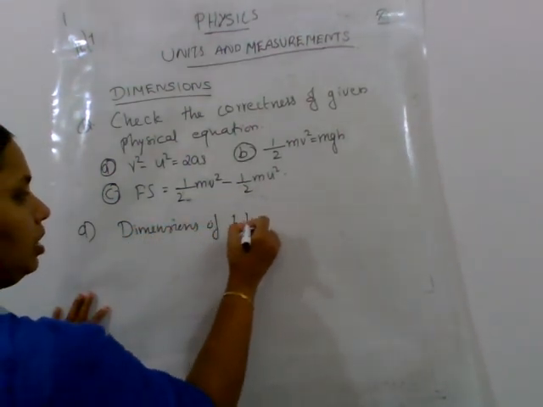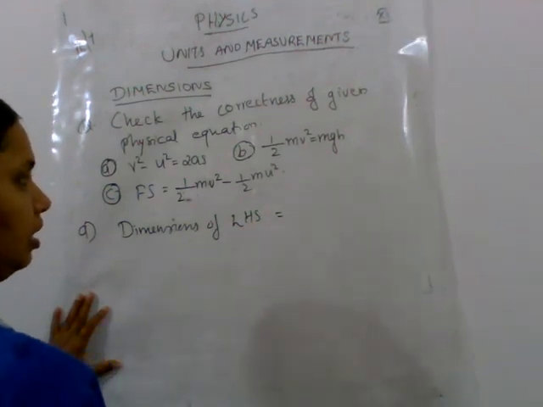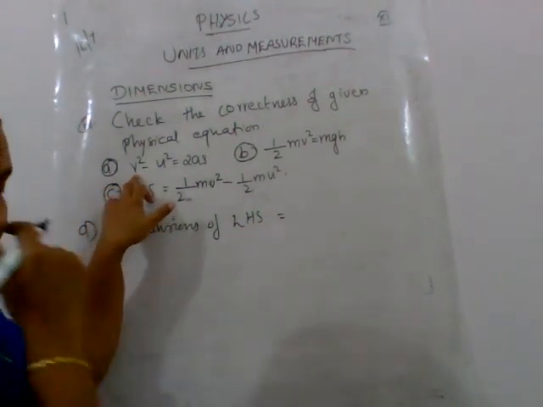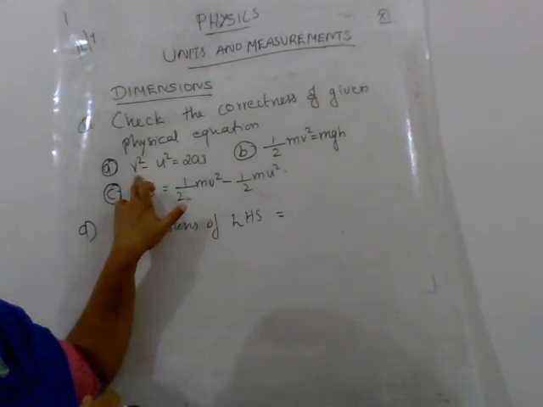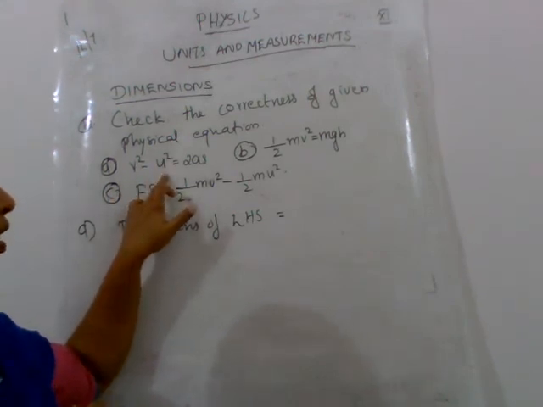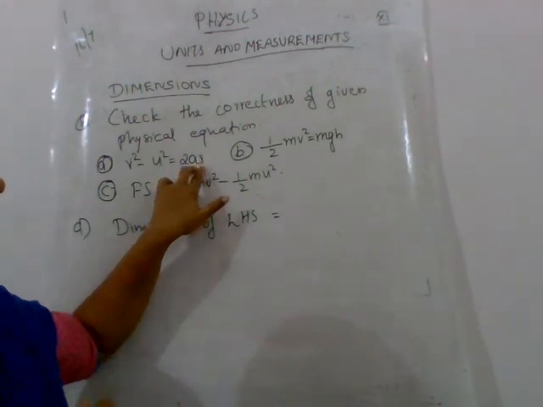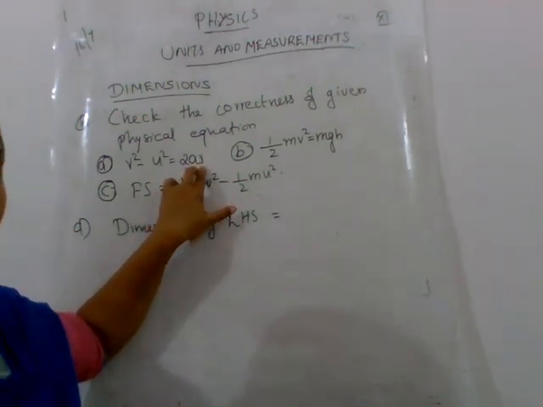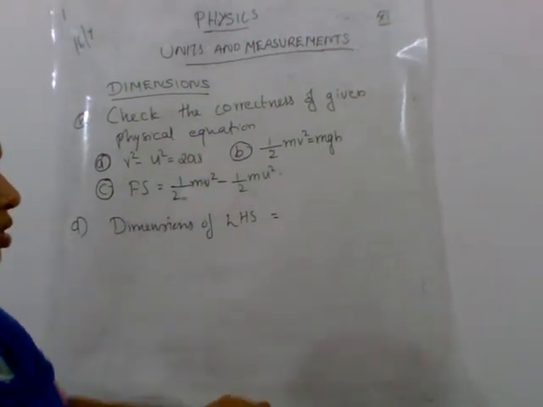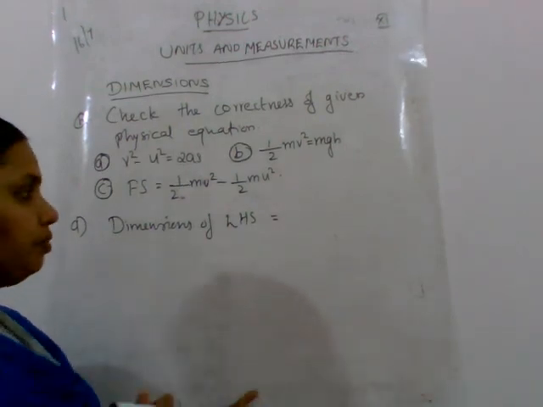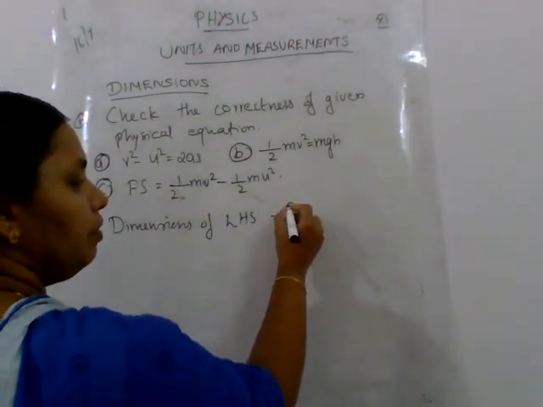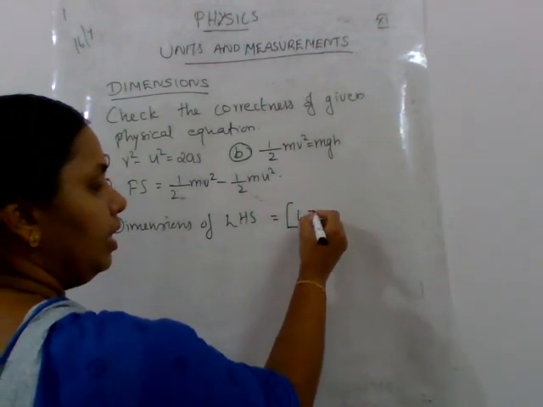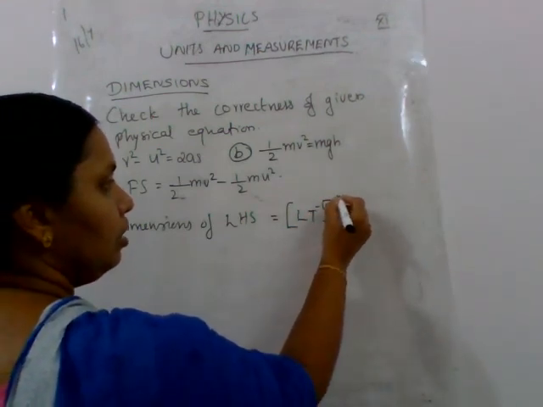Like, your two quantities are there. So what is v? v, you know, it is the velocity, isn't it? Final velocity, and u is the initial velocity. And here a is the acceleration and s is the distance. This is the equation you studied. So what you studied, that's only we are considering now. So velocity, we already derived that L T minus 1 whole square.